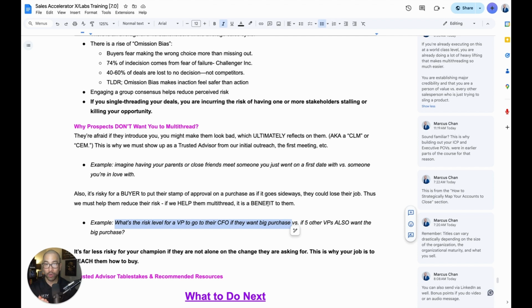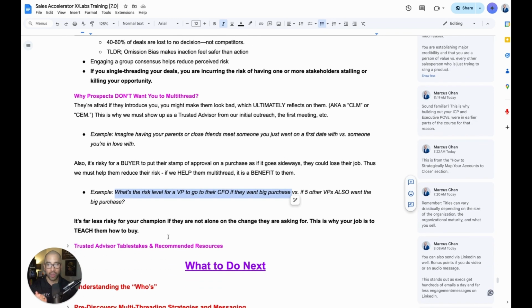They love you, and they go to the CFO for a big purchase. There's some risk there. Versus if 5 of their other peers also want what you want, and all 6 of those people together are going to the CFO and saying, we want this thing done. Think about how much more power there is in making that deal happen.